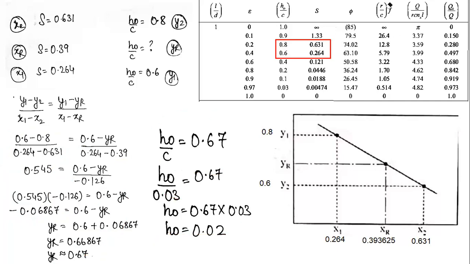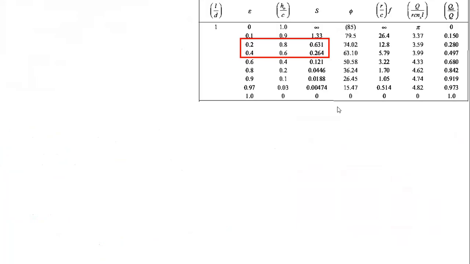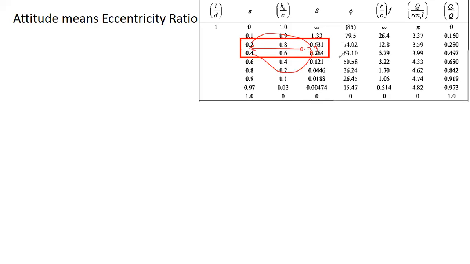Very quickly, let's go to finding out the attitude or eccentricity ratio. Now, in front of 0.631, eccentricity ratio is 0.2. In front of 0.264, it's 0.4. But what about 0.39, which lies between these two values? I'll have to find it out by interpolation. So let's start.